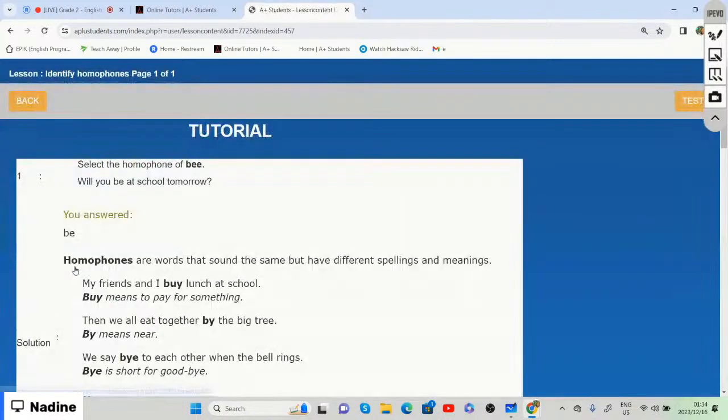Now we're going to identify homophones, right? It says select the homophone of B. You will be at school tomorrow. B. What is another word that sounds the same as bee, like the sting of a bee?